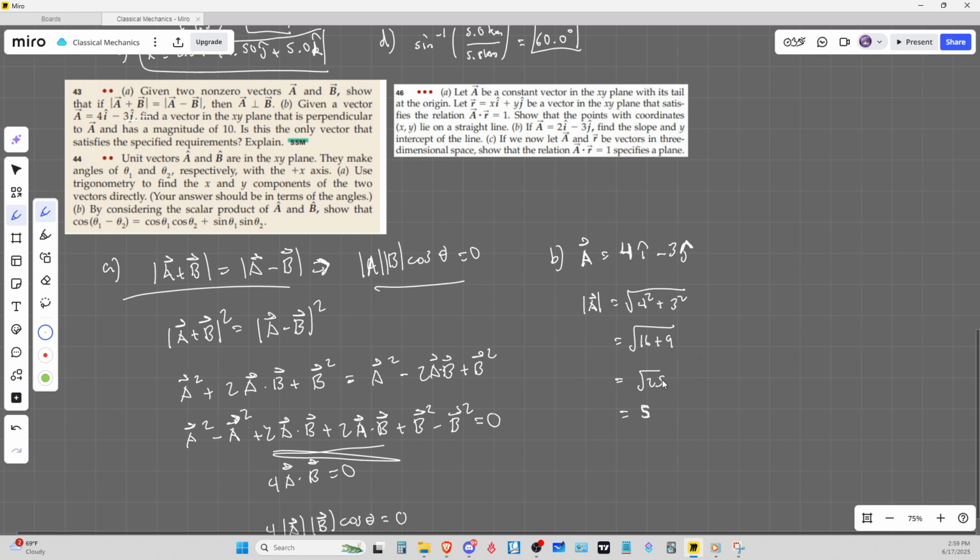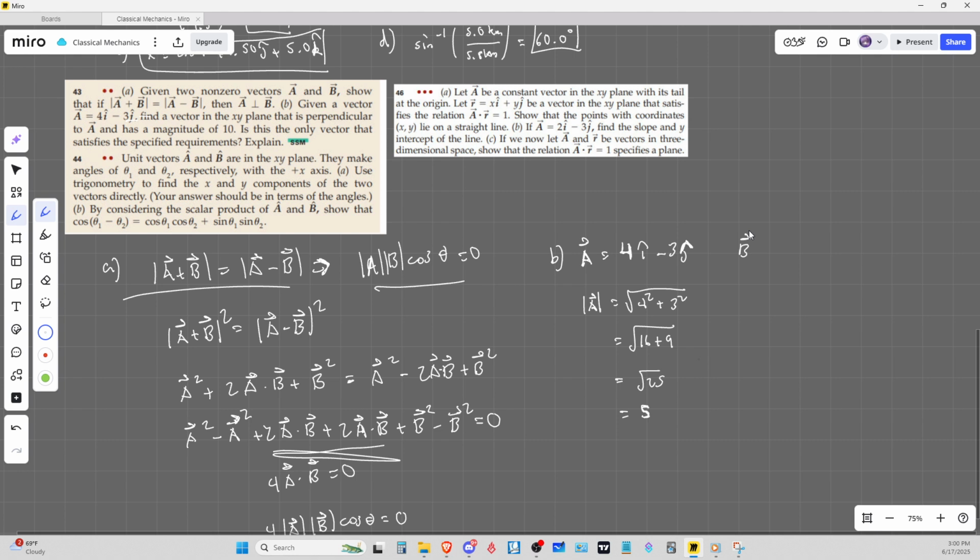Technically, if you were to have a vector B in this case, let's see. Find a vector in the xy plane that is perpendicular to A that has a magnitude of 10.